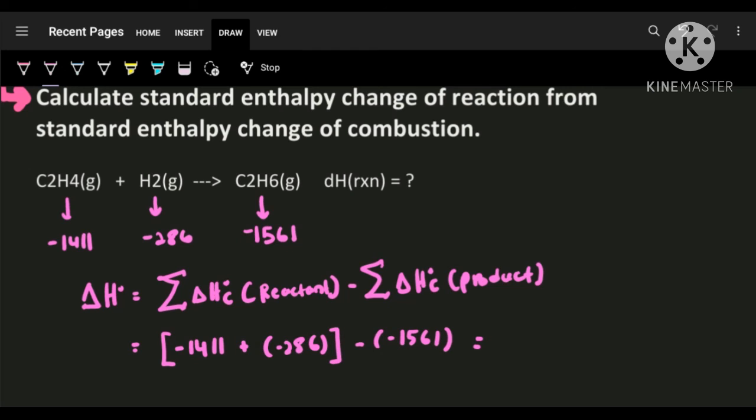So the final answer is negative 136 kilojoule per mole.